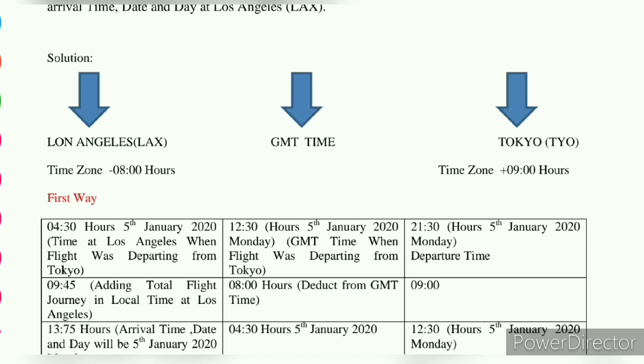So it will be 12 hours 30 minutes, that is in the afternoon. The date will be the same, 5th January, and even the day will be the same, that is Monday. So when the time at Tokyo is 21 hours 30 minutes at the time of departure, the time at GMT is 12 hours 30 minutes on 5th of January.